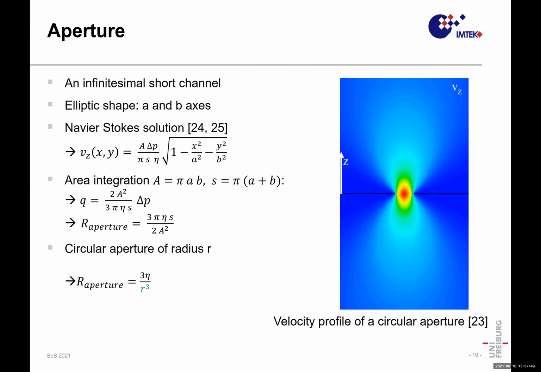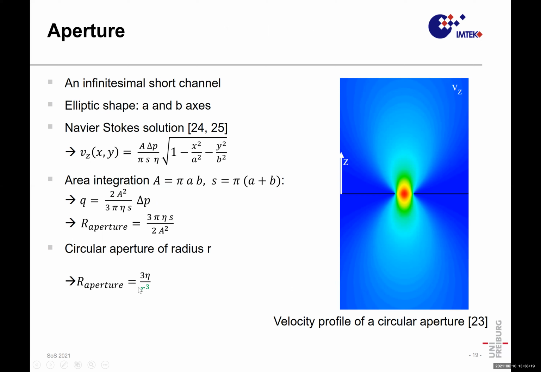Yeah, one special case is a very, very short channel, which we call an aperture. So virtually there's no length of this hole compared to its radius, let's say a few hundred nanometers thickness and several micrometers in diameter. Then we can simplify it this way, and we get an aperture resistance which we have with the radius to the third in terms of resistance.